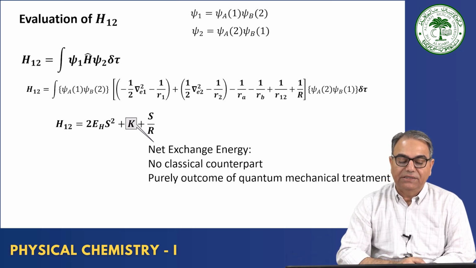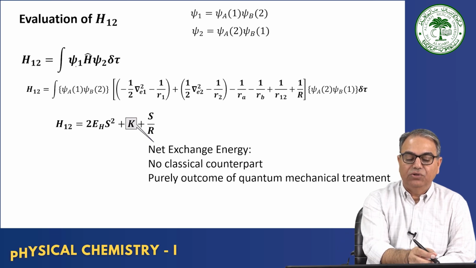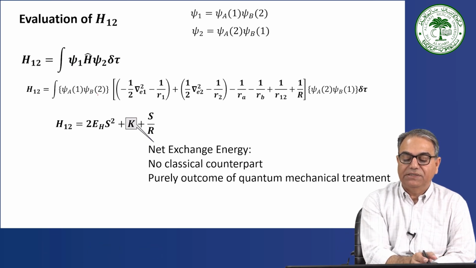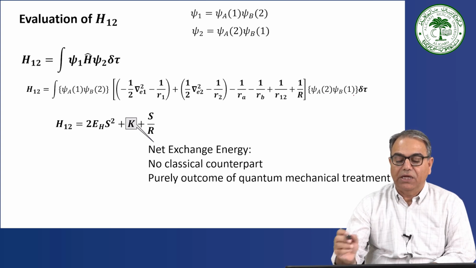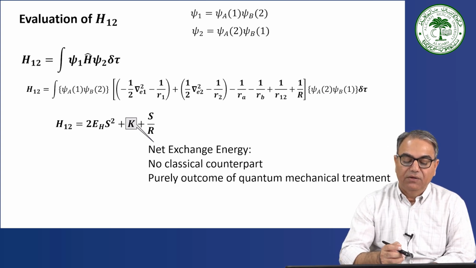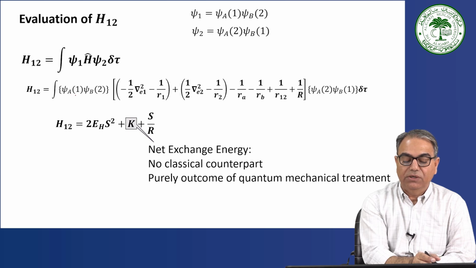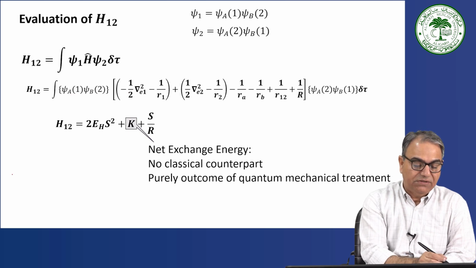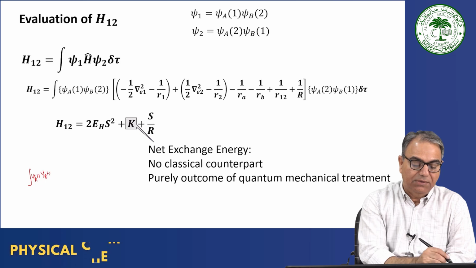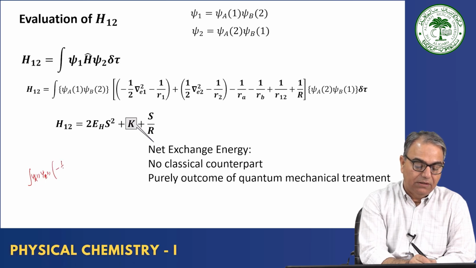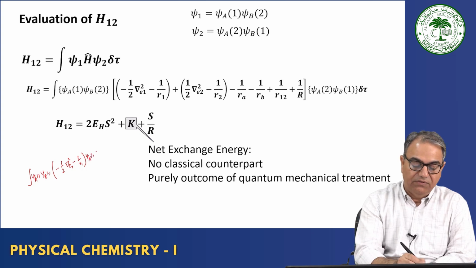So you have the integral of psi 1 H psi 2 d tau, and for psi 1 you write psi A1, psi B2, and for psi 2 you write psi A2, psi B1. In the same way, you write psi A1, psi B2, then within this, del E1 square minus 1 by R1, and again psi A2, psi B1.